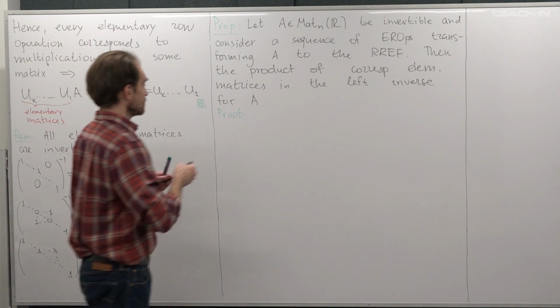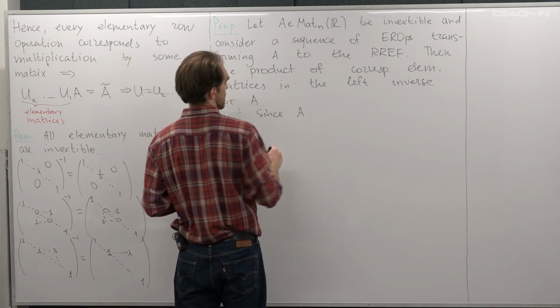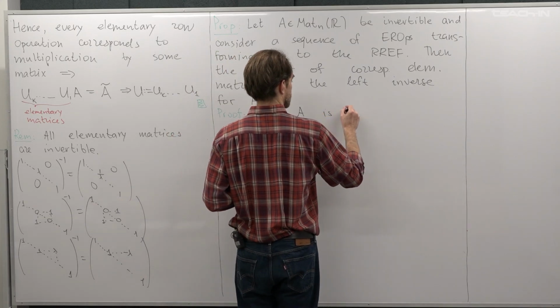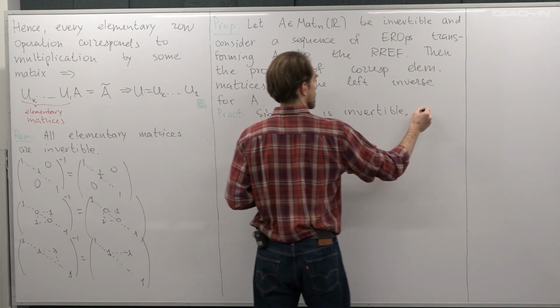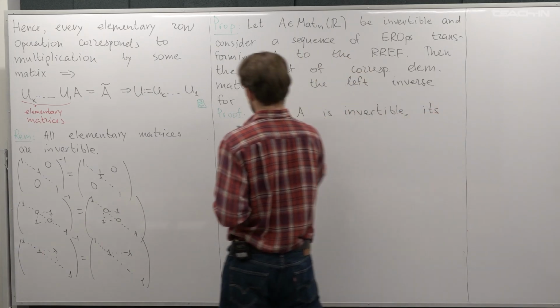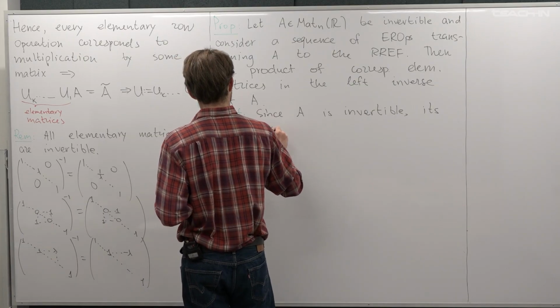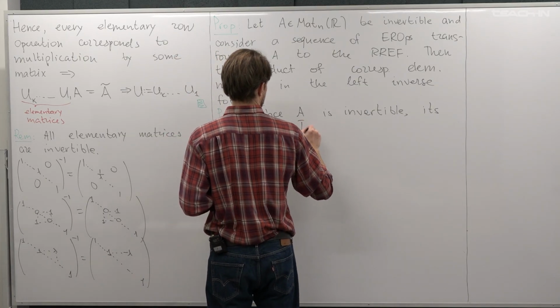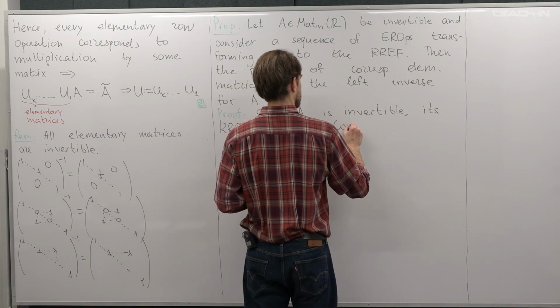Okay, so since A is invertible, its reduced row echelon form is the identity.